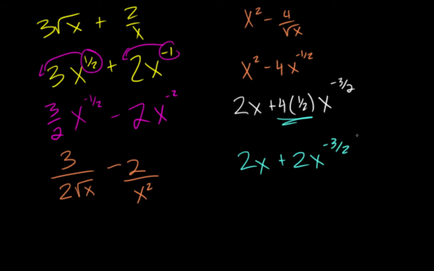And in most cases that's fine, but I'm going to take it a little bit further. So we can do 2x plus 2 over x to the -3/2, which is going to give us 2x plus 2, oh not negative, that's positive. And then this would be x cubed under a square root.